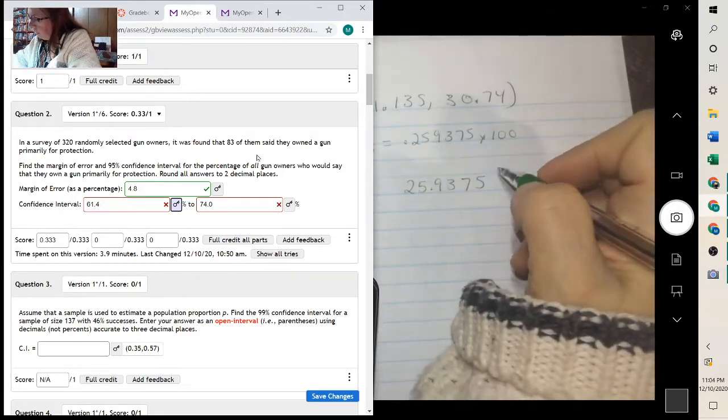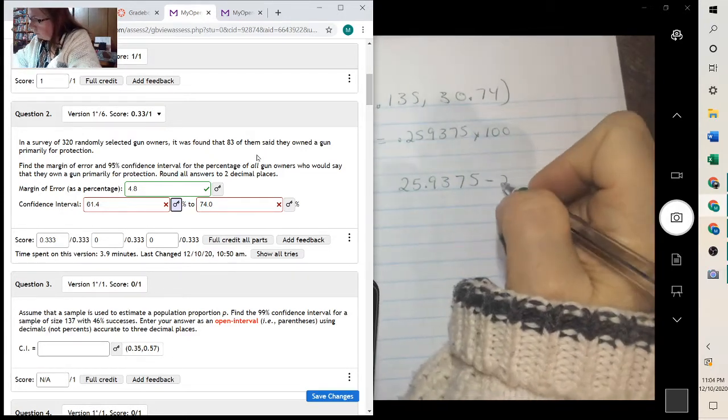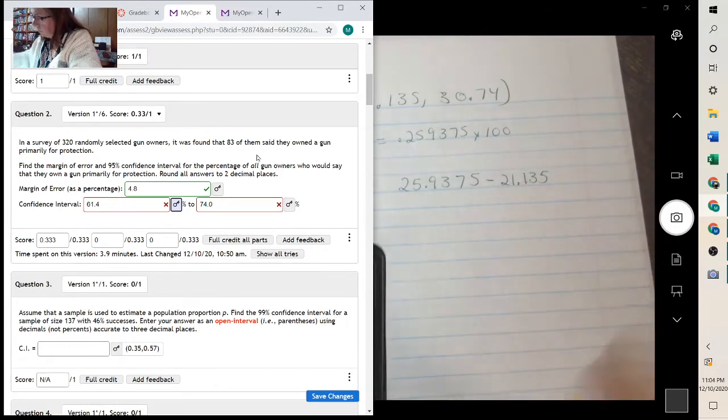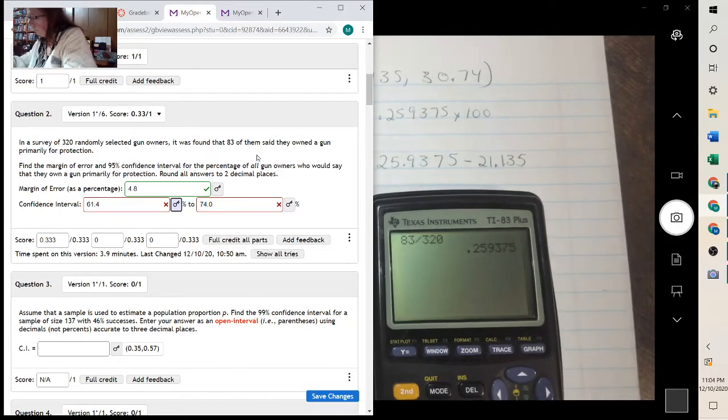And then subtract the lower one. And it gives you your 4.8.